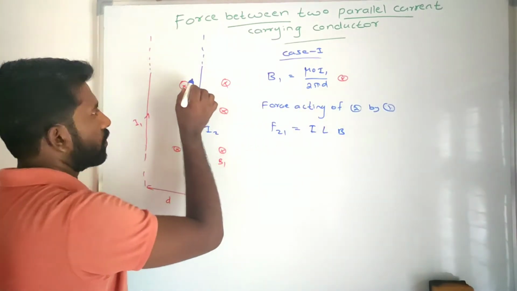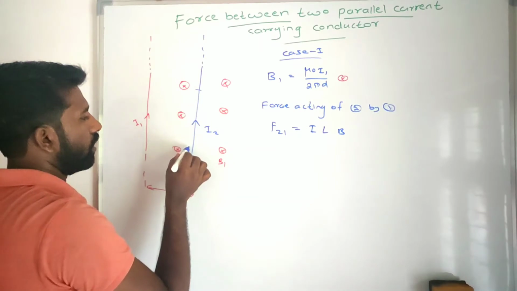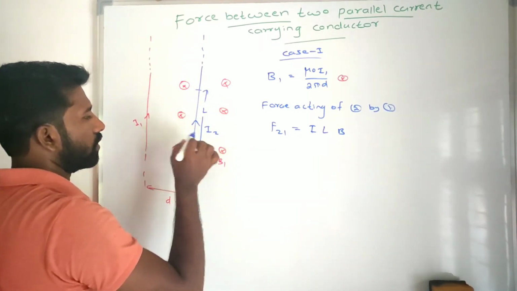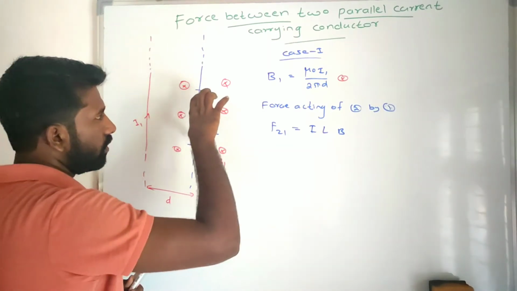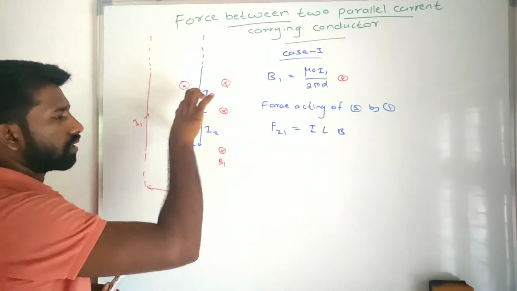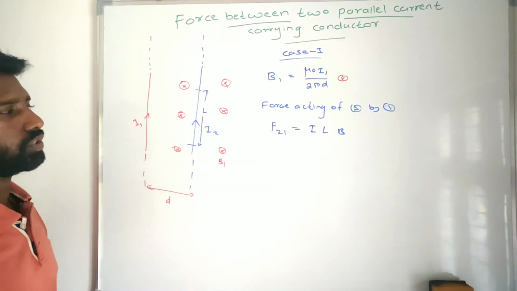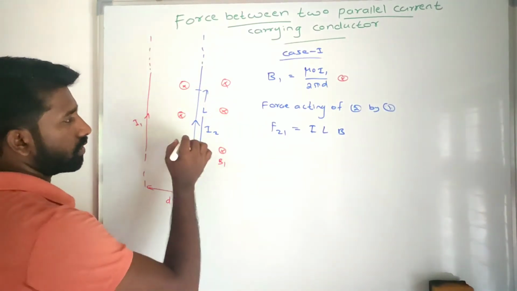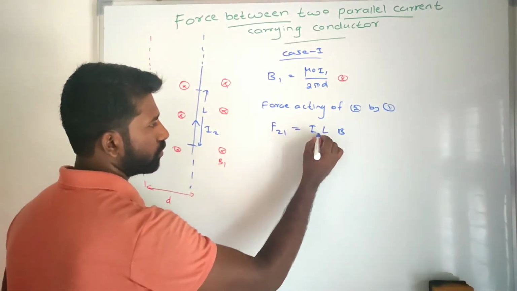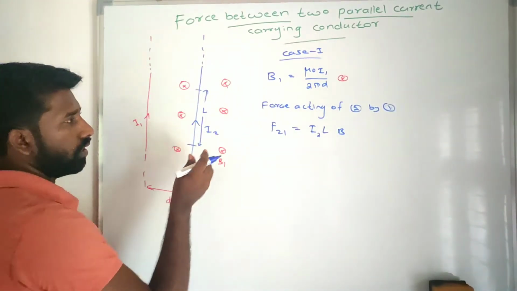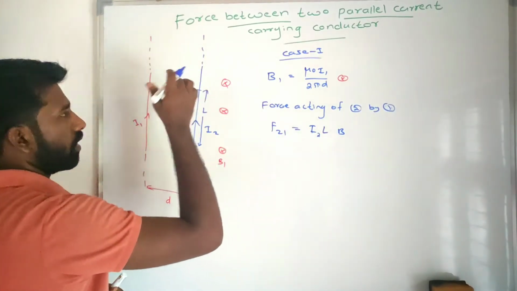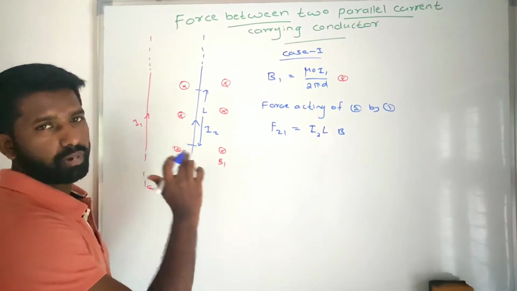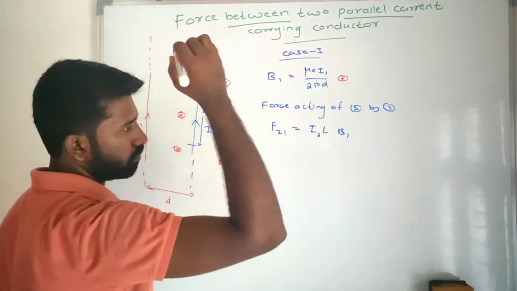I L B. Here I consider an L length portion. This is the L length of the conductor. I am finding how much force is experienced by an L length portion of the I2 conductor. So the current is I2, the length is L, and the I2 conductor is placed in the B1 magnetic field, so we write B1.